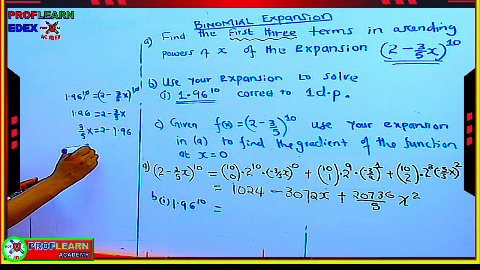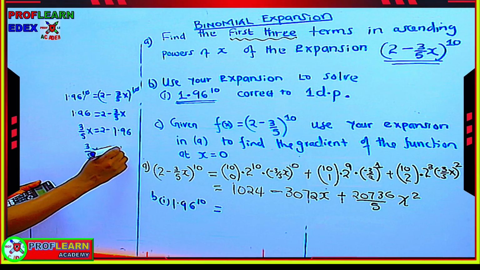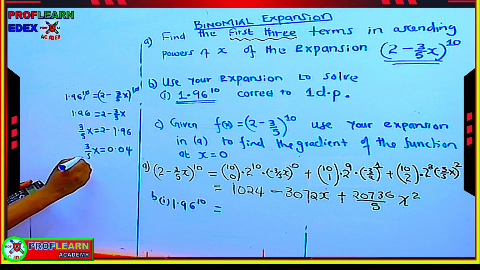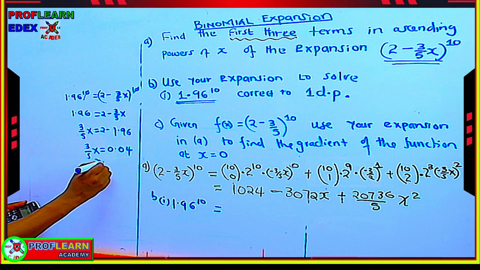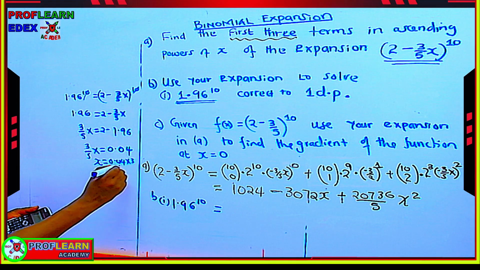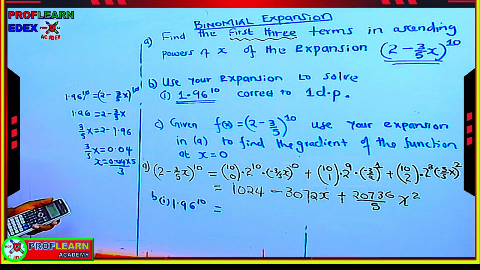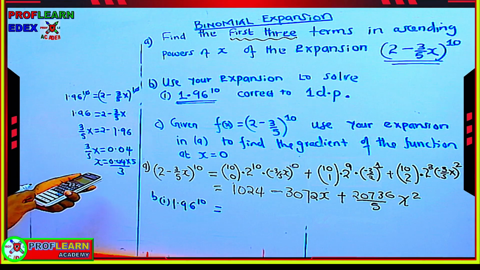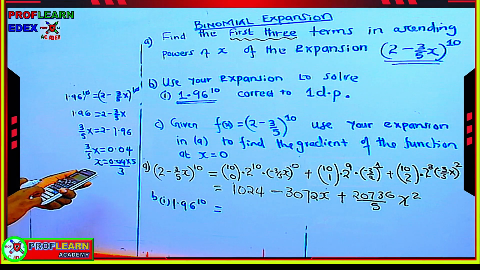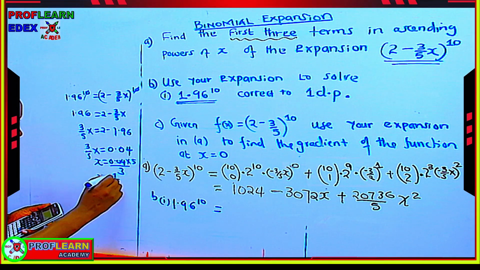If we subtract, we shall get 3 over 5x is equal to 0.04 in that case. Then our x is going to be 0.04 times 5 divided by 3, and that answer for x is going to be 1 over 15.